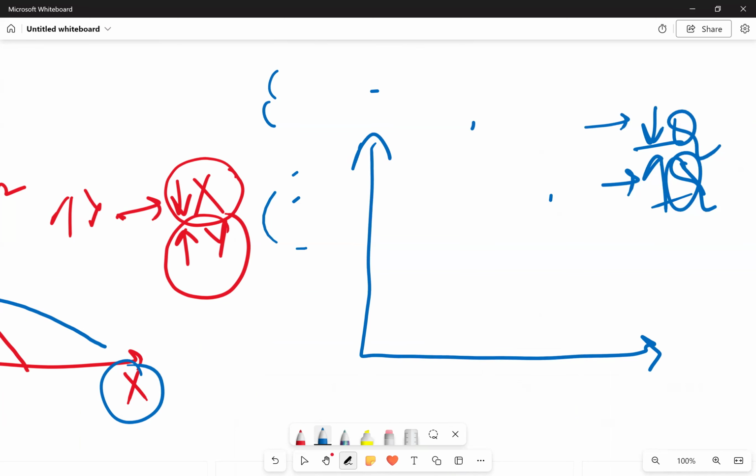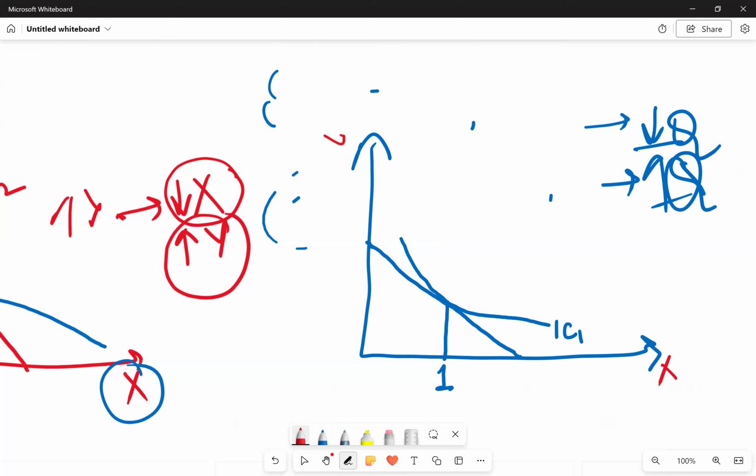Now, this is your budget line. Okay. And this is your first indifference curve, where the consumer originally is. So, I will mark it as point 1 here. Okay. Now, suppose the price of good X falls.